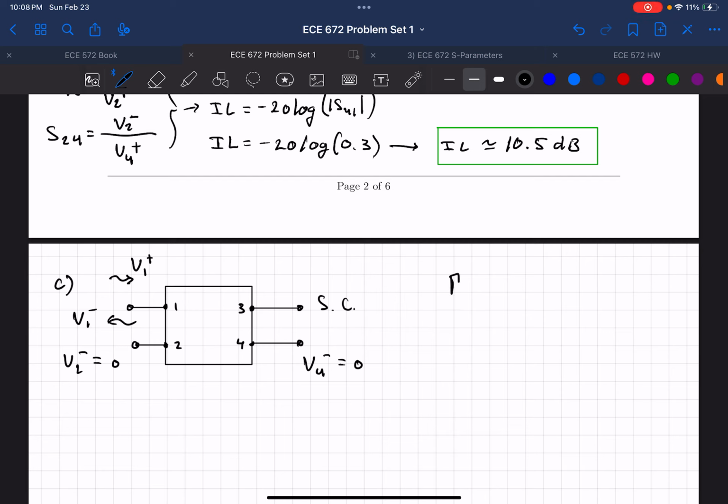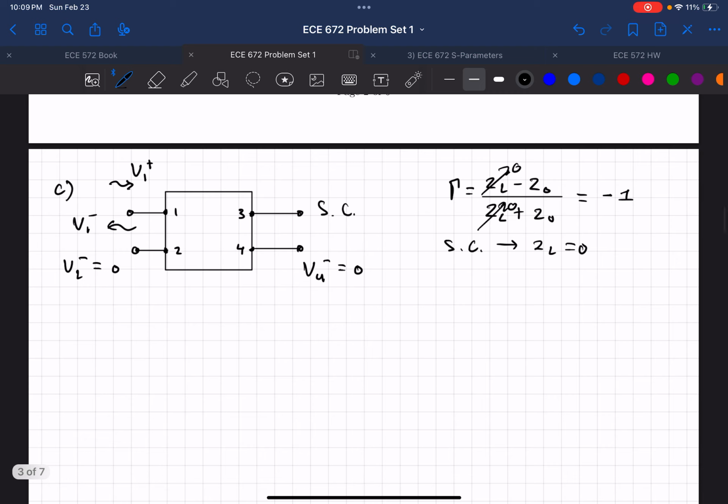Short-circuited means we look at gamma, which is ZL minus Z naught over ZL plus Z naught. Short circuit means ZL is 0. This is equivalent to minus 1. We know that the reflection coefficient is V0 minus over V0 plus.